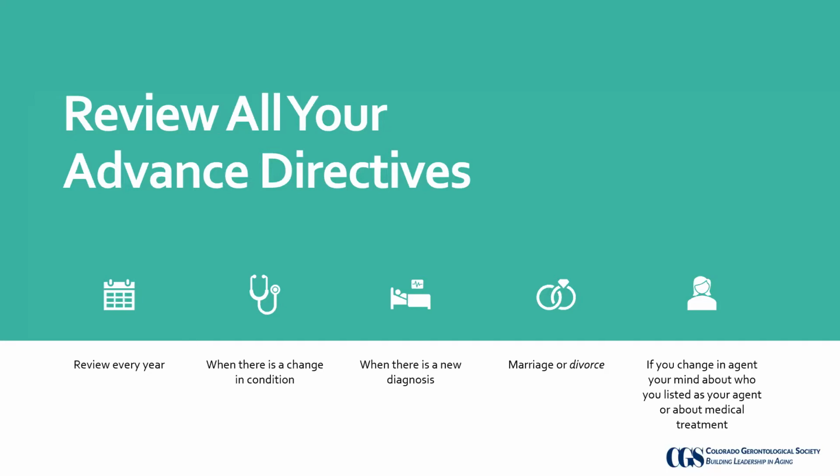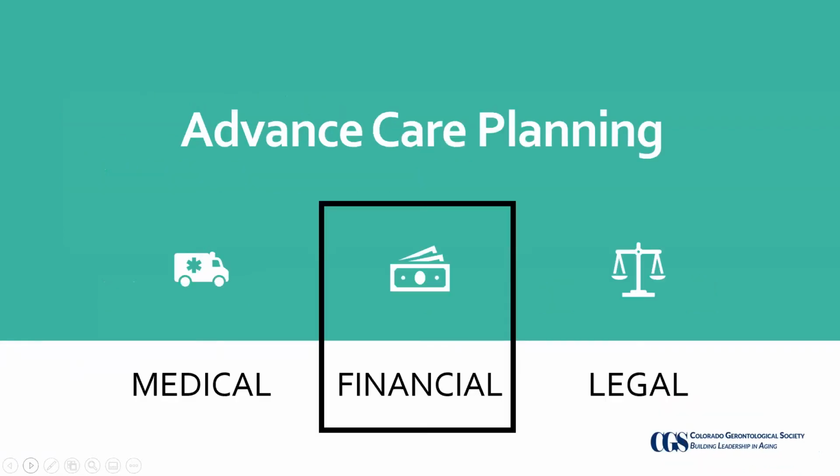Review if there's any change in your medical or financial conditions, if you get a new diagnosis, if you get married, or divorced, specifically divorced, because your power of attorney will become void if your ex-spouse is your agent. Or if you change your mind about any of the powers or who is your agent or alternates. Those are all times when you should be reviewing, and if you need to make changes, make changes in your advanced directives. Note that this is only one of the financial pieces.